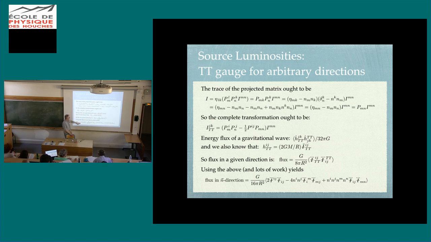If you do lots and lots of work on this, for any arbitrary direction, the flux in that direction is this. Now, it's just tedious work. It's not complicated work, but you can do that. And it's actually in my textbook if you want to see it.